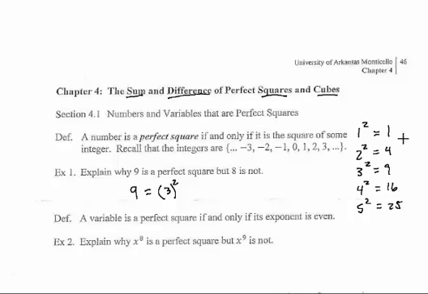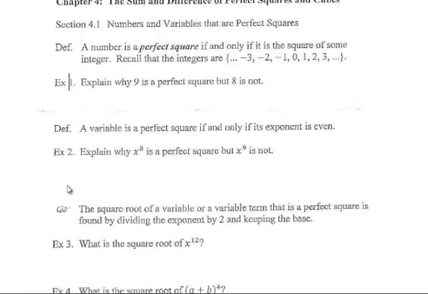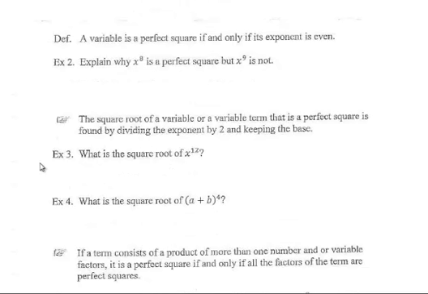So no perfect squares between 1 and 4, no perfect squares between 4 and 9, and so on. These are the only perfect square integers. Alright, so that's how you identify numbers that are perfect squares.